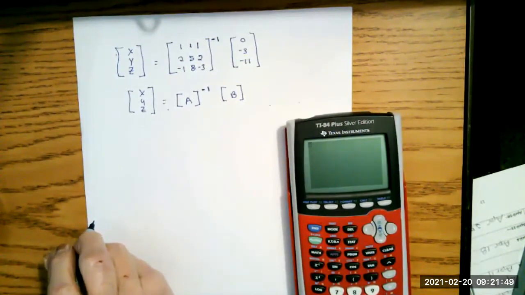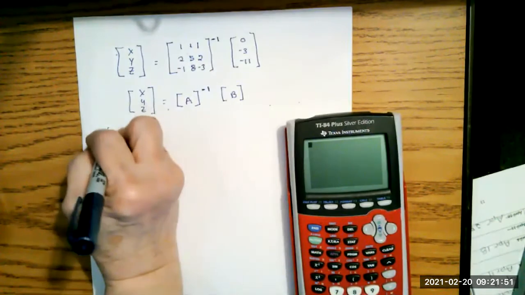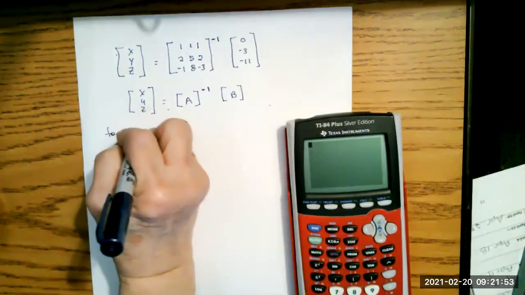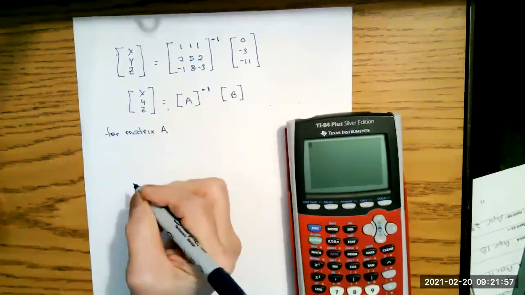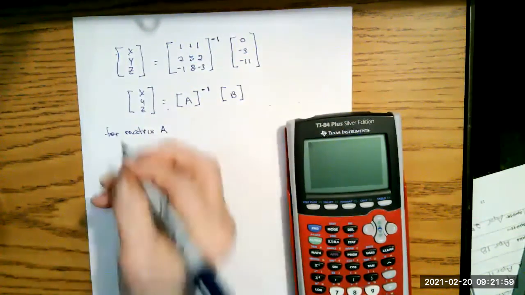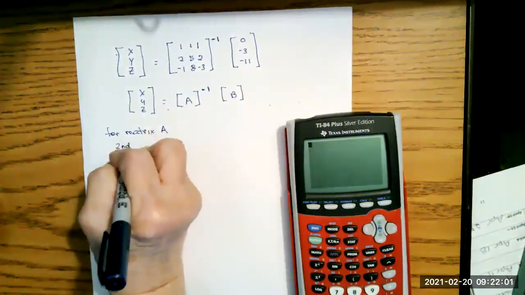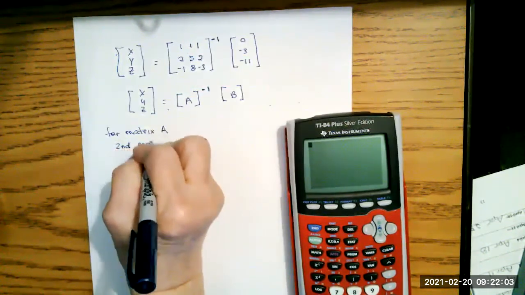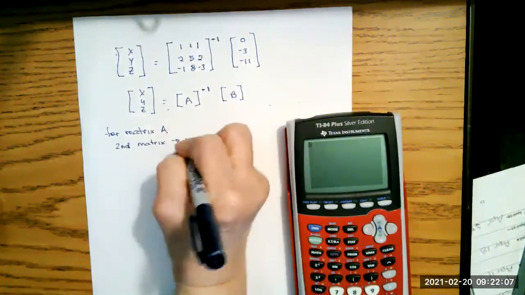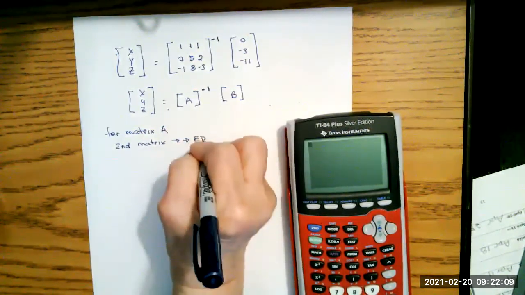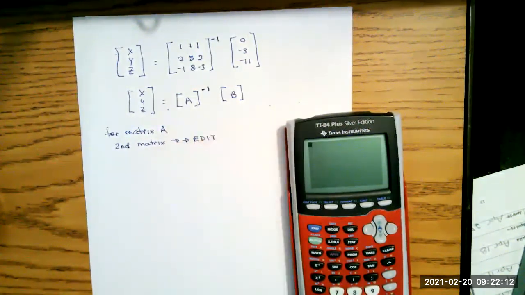The steps for matrix A is to do second key and then find the matrix key and go over twice to edit, because what we want to do is put in the numbers.